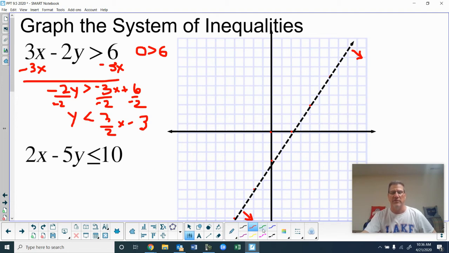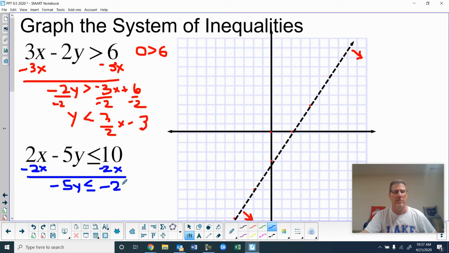All right, I'll do this one in blue. Again, we're going to subtract 2x because we want to get y by itself. So we got another negative in front, so we're going to end up switching. And I divide by -5.